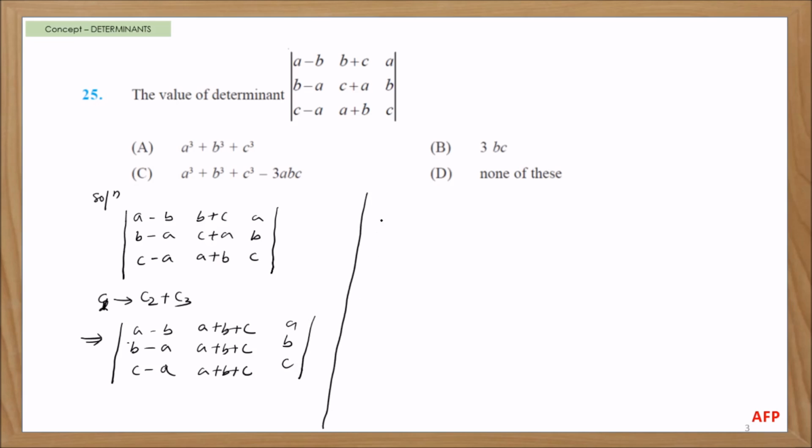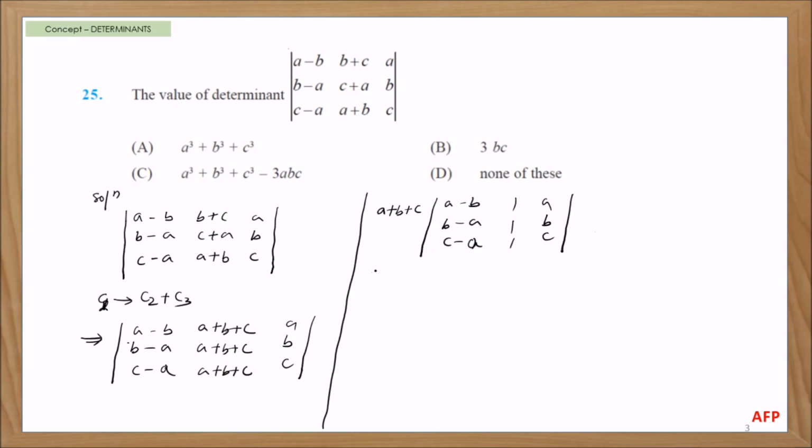a plus b plus c is common, we will take it outside. The rest we will write as it is, 1 1 1, a b c. Whenever you get 1 1 1, make two ones into zeros.